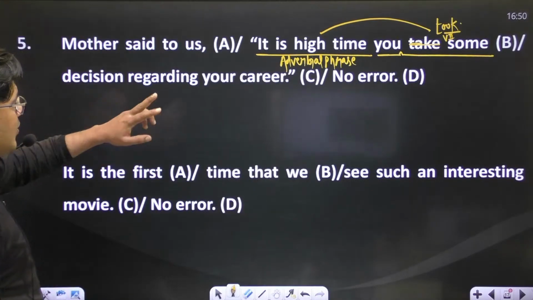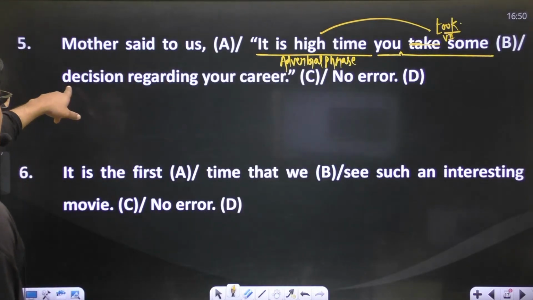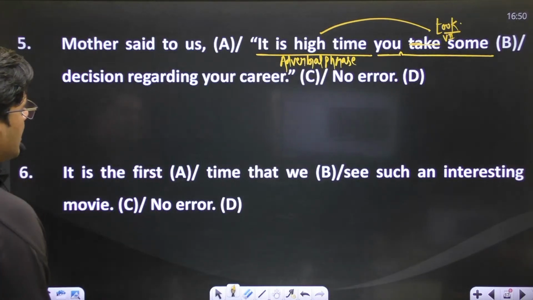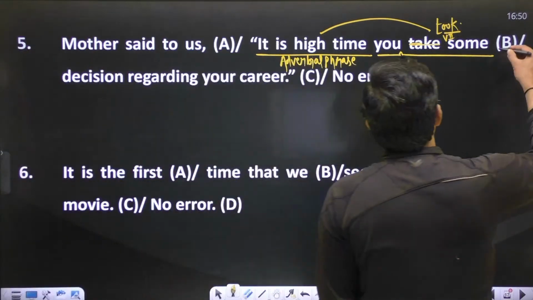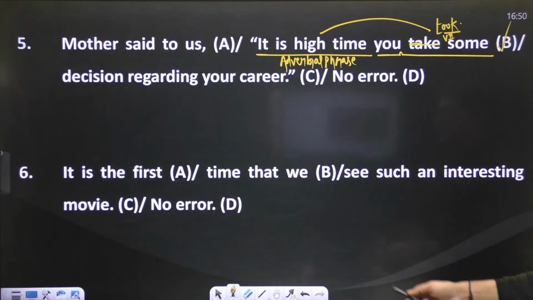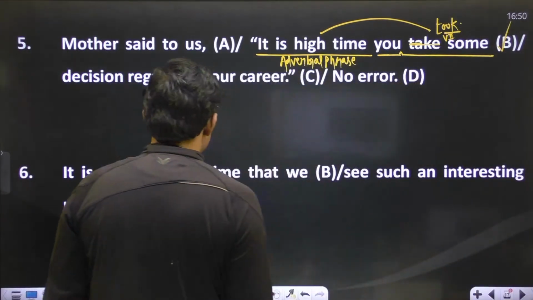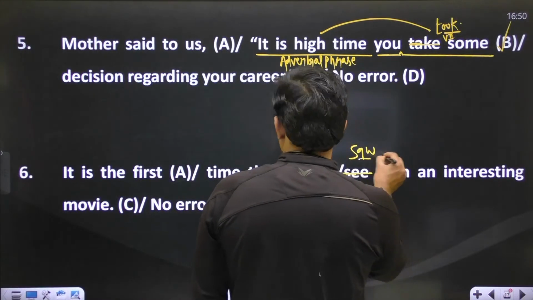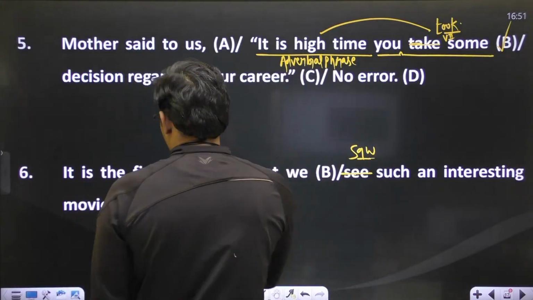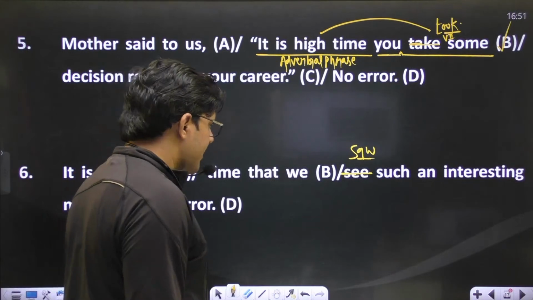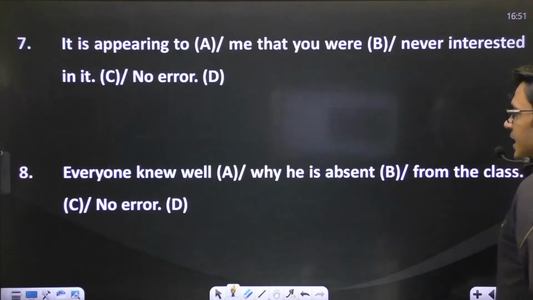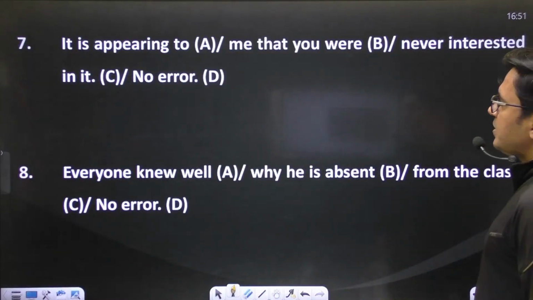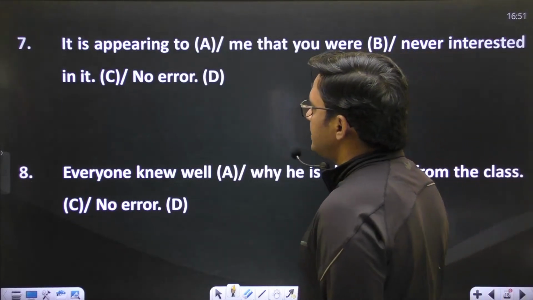So the sentence will be, it is high time you took some decision regarding your career, and you will find the error in part B. Again you have the sentence, it is the first time that we saw such an interesting movie. So the error is in part C. Okay, move to the next sentence. It is appearing to me that you were never interested in it.